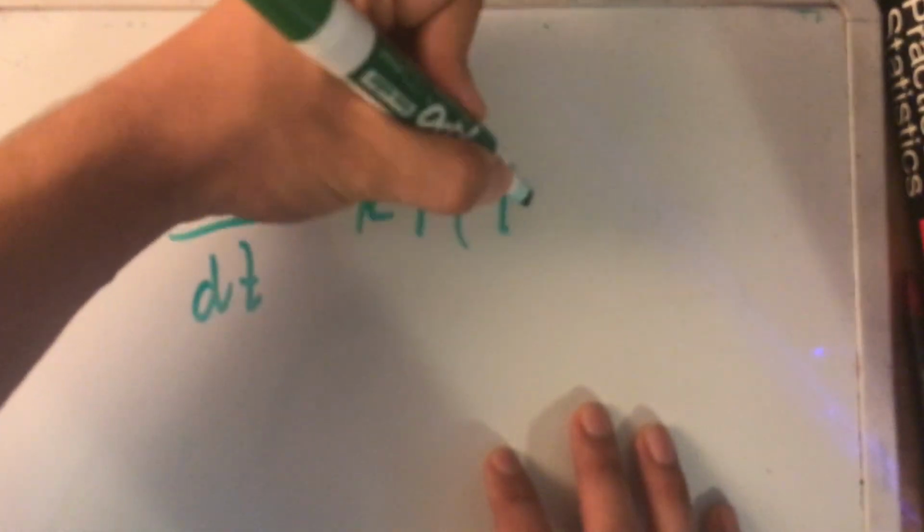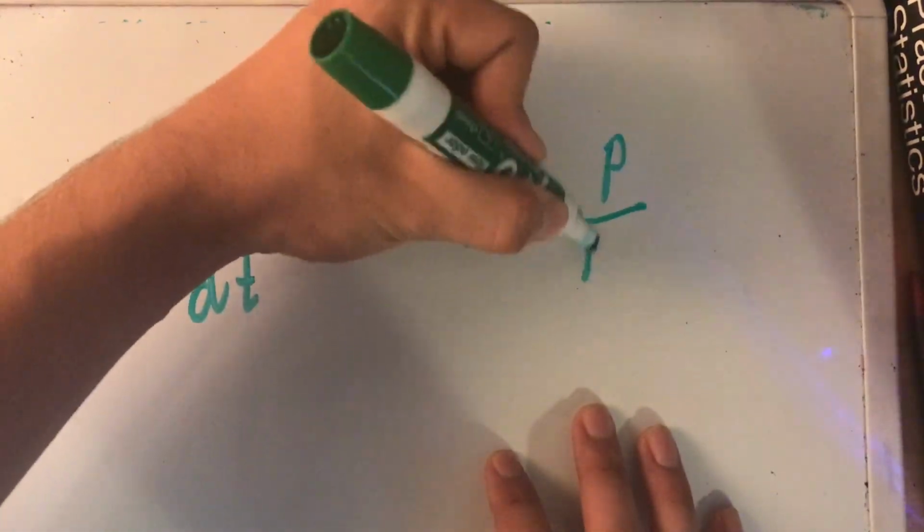These problems are formatted in very different ways. There are three main ways, two of which appear very often and one that really doesn't, but I'll show you all three. The first is dP over dt equals kP times (1 minus P over M).